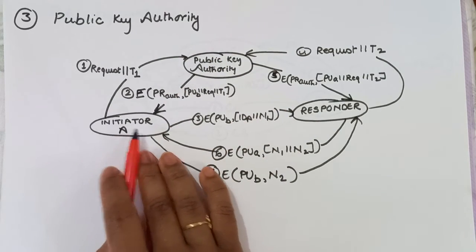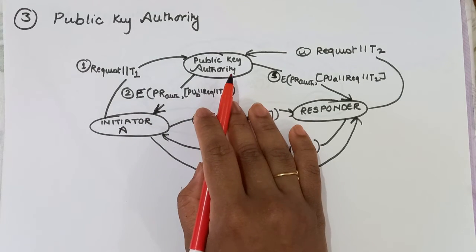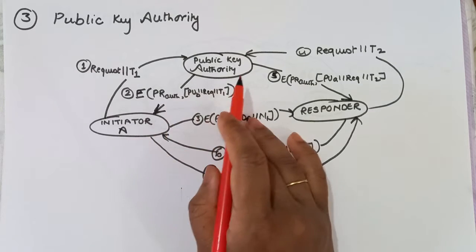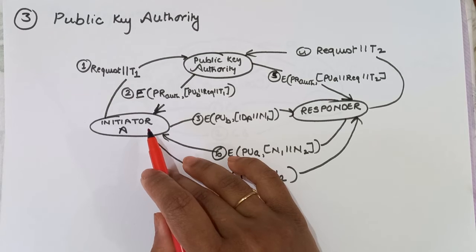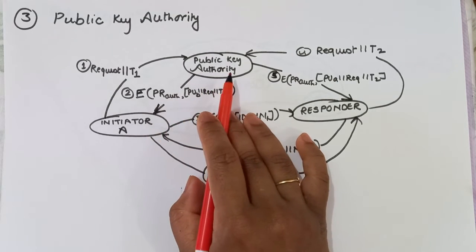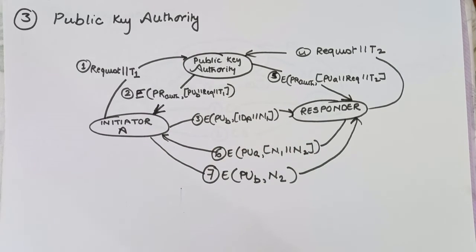Suppose A wants to request the public key authority to register itself and then send a public key for the initiator. A will not decide its public key; the public key authority will provide it.